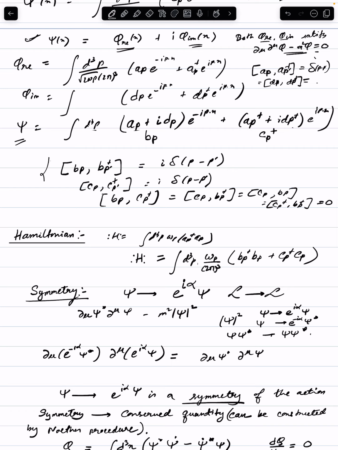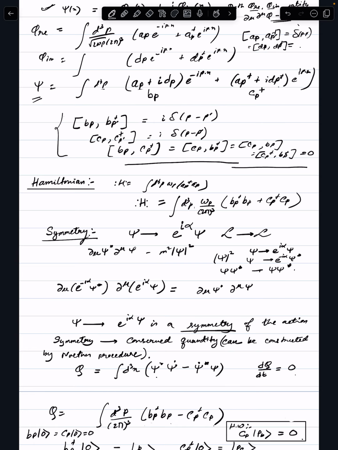So for the b_p's we will get this, and all the commutation relations between b_p and c_p, these two different oscillators which are independent of each other, will give zero. So they are independent, they commute with each other. Okay, so this is what we have. It's basically a double of the previous theory.